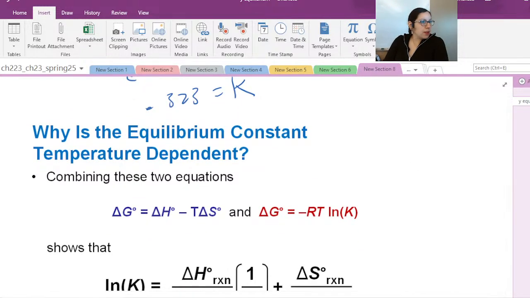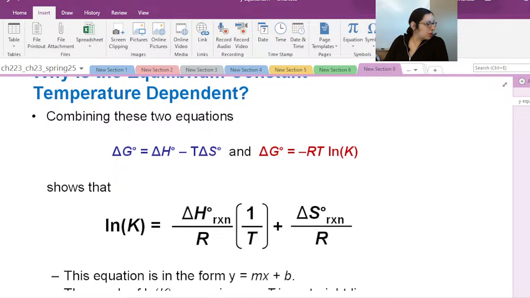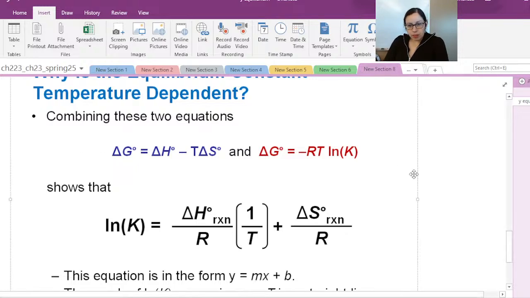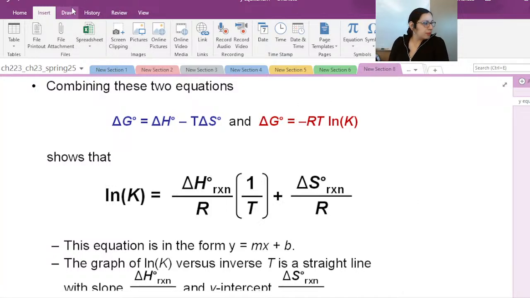All right, so then the next piece of this puzzle is putting it into our temperature dependent two-point form equations. We just learned these in our chapter.